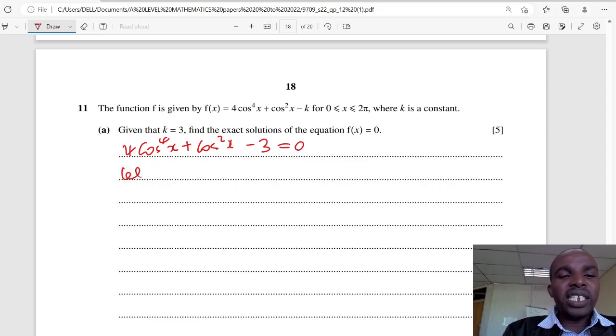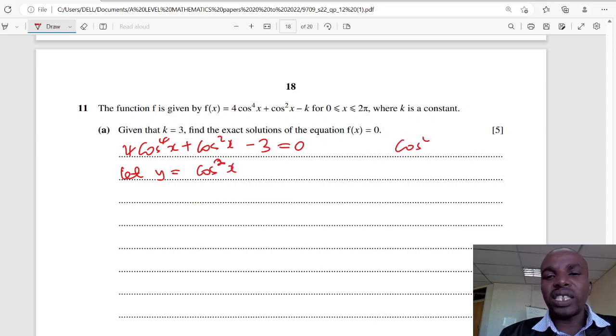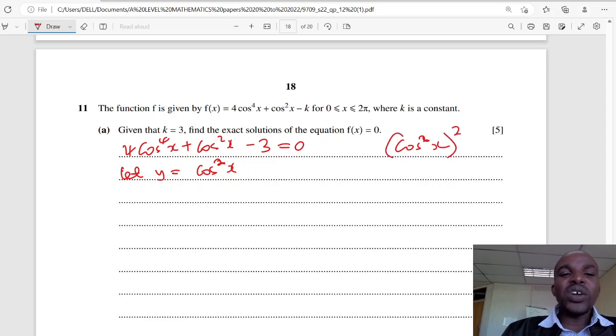We can say let y is equal to cos squared x. This one, take note, cos to the power 4 x is cos squared x, squared. So I can say let y is equal to cos squared x, such that it will be 4y squared plus y minus 3 is equal to 0.